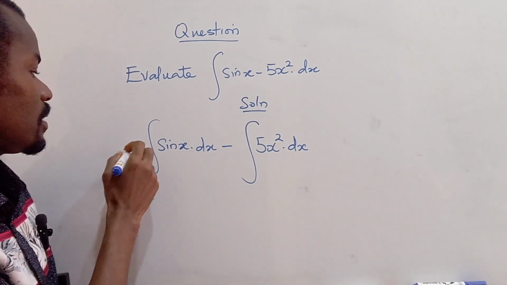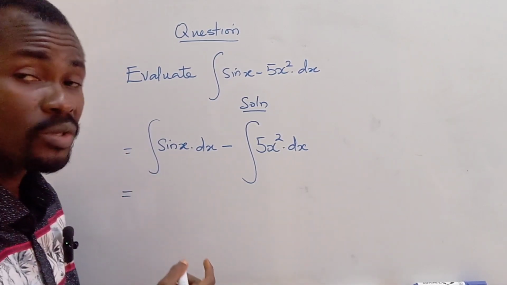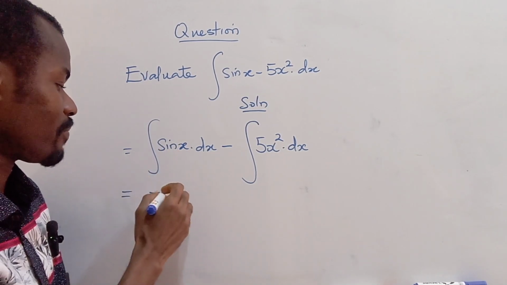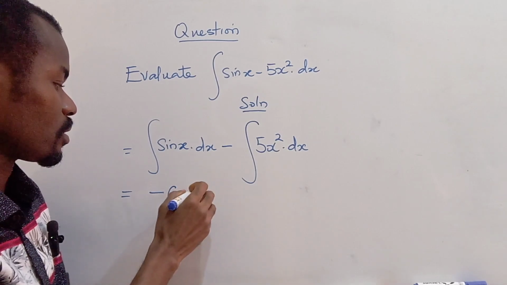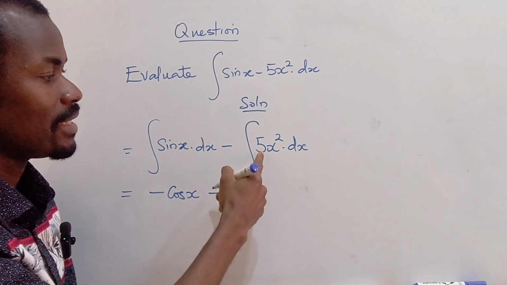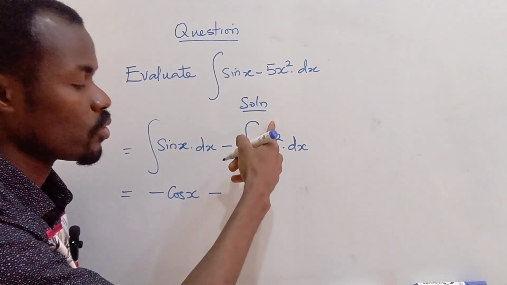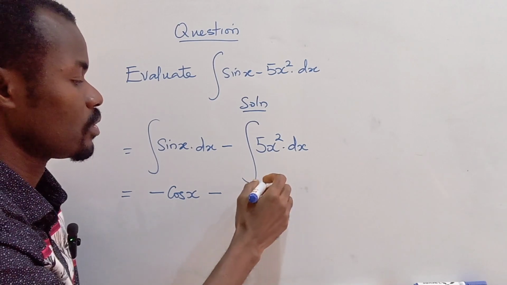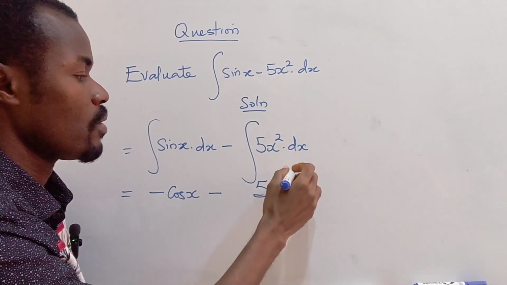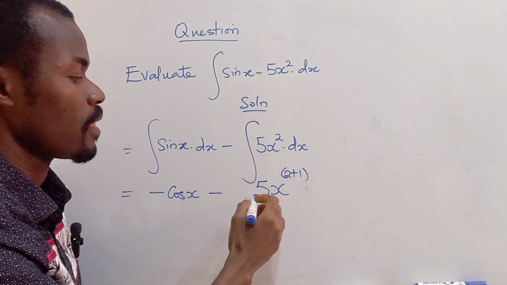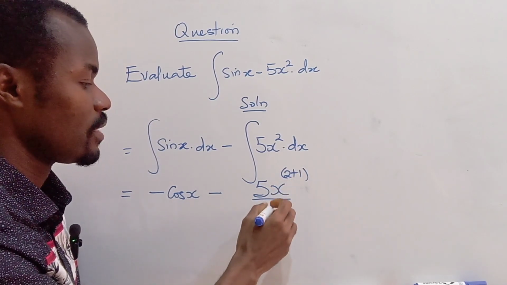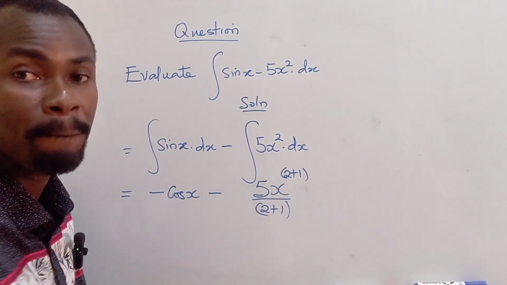Now, having written this, we know that our standard integral, when you integrate sine x, we are going to have minus cos x. And we have minus. Now the integral of 5x squared, we are going to treat it in such a way that we have 5x. We are going to add 1 to the power, and we are going to use this new power to divide, the denominator.